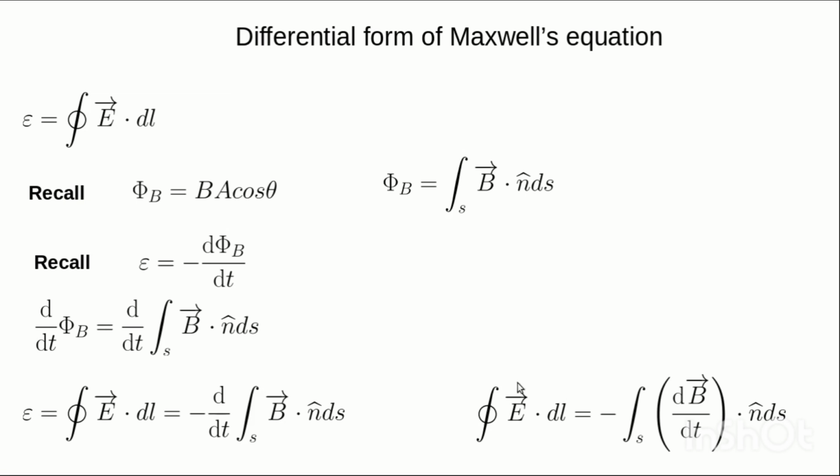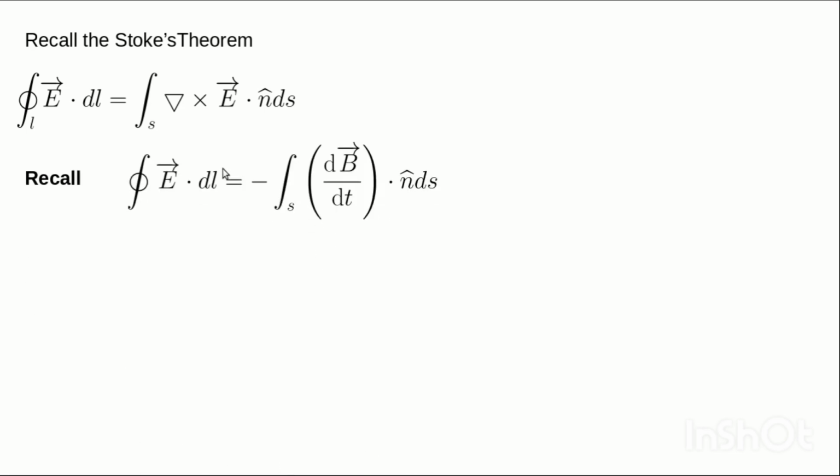If we recall from Stokes' theorem, there is a connection between the line integral and the surface integral. We have the line integral, which is this, equal to the surface integral. So the left-hand part of the previous equation is equal to this using Stokes' theorem. If we agree that this is equal to this, then this one must be equal to this.